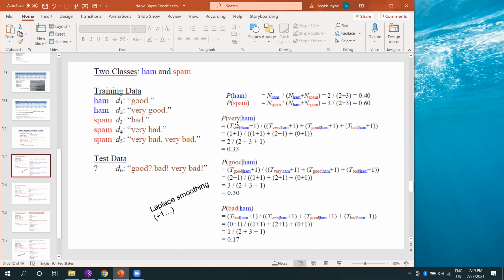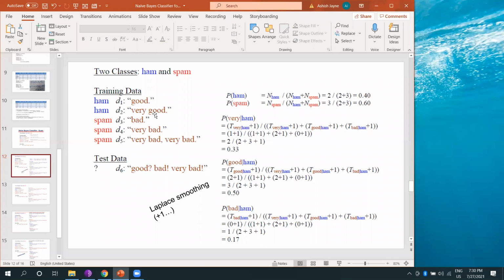Now, Laplace smoothing says that whenever you are counting any term in your document, you would add 1 to it. For example, the number of times very appears in your ham mails is 1, but along with 1 you would also add one more.